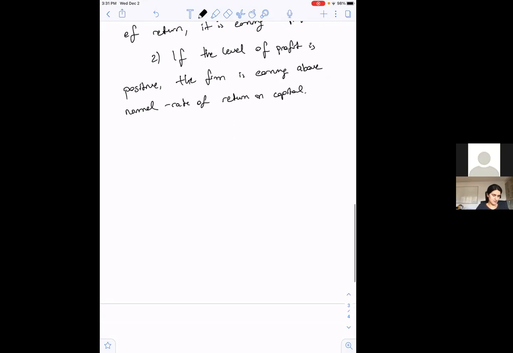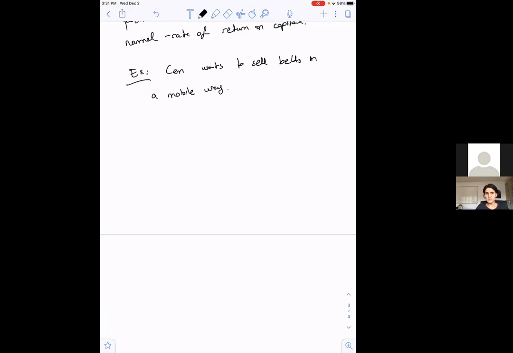Okay, so let's solve an example. Suppose Jem wants to sell belts in a mobile way. To do that he bought a minibus. The price of the minibus is $20,000.